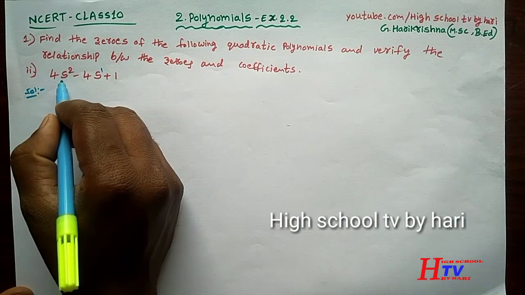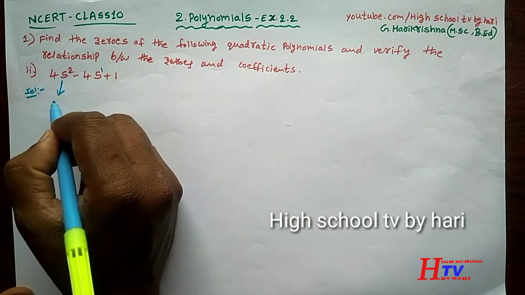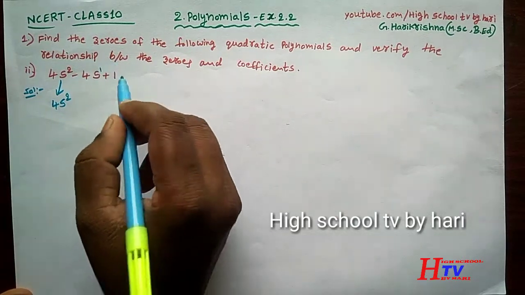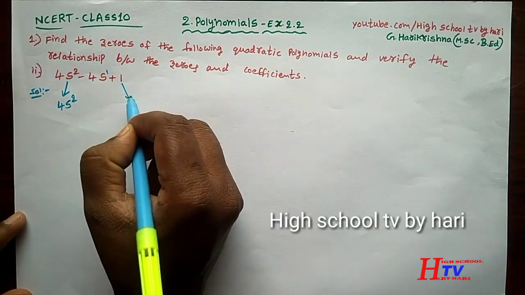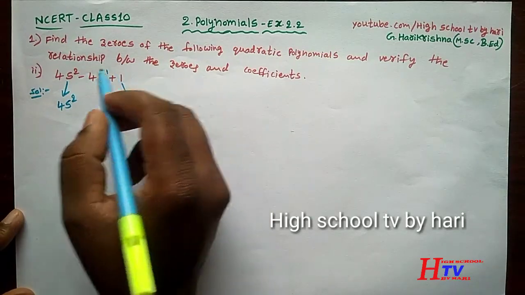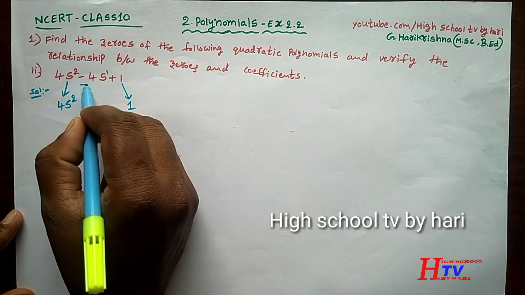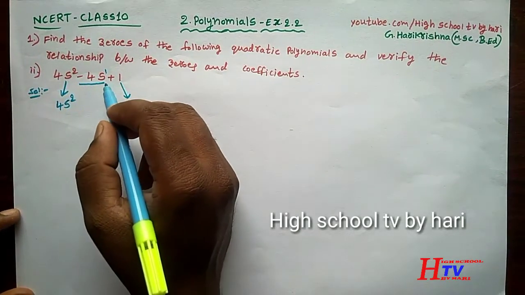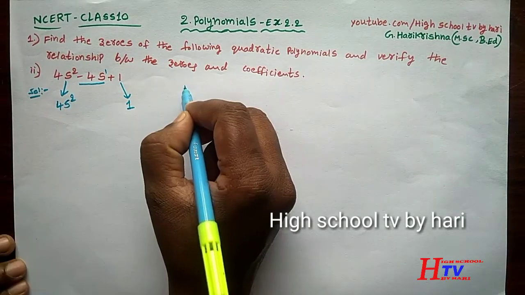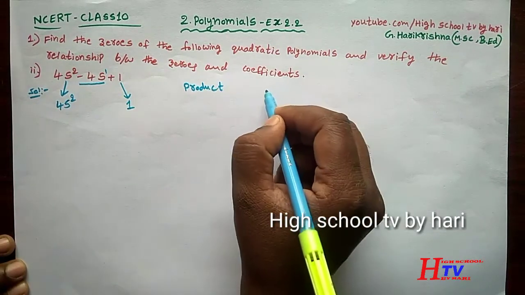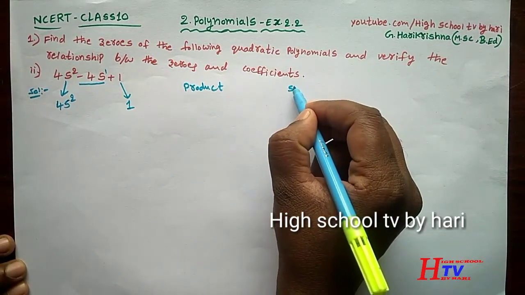First, to find the zeros, write the s square term, 4s square, the first term, and the last term as it is: 4s square and 1. We can find the zeros of this polynomial by the splitting the middle term method. For that we have to write the product and sum.